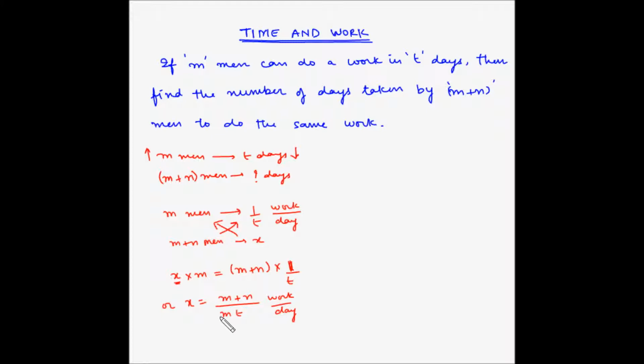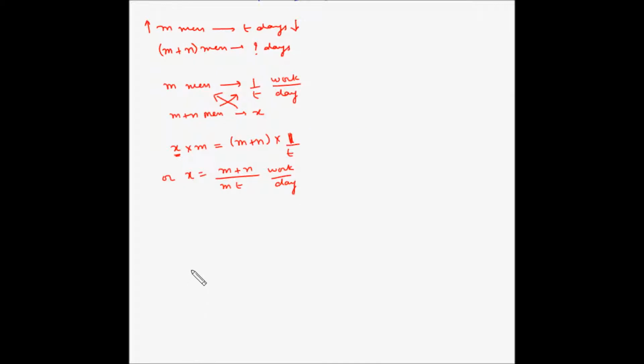So we have to find out the number of days taken by m plus n. So here, in one day, m plus n men can do m plus n divided by mt amount of work. So in how many days, let's say it is y, can they complete one full amount of work?